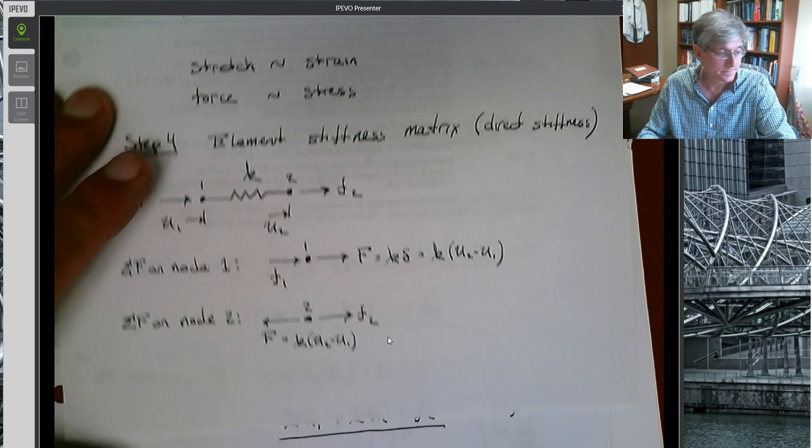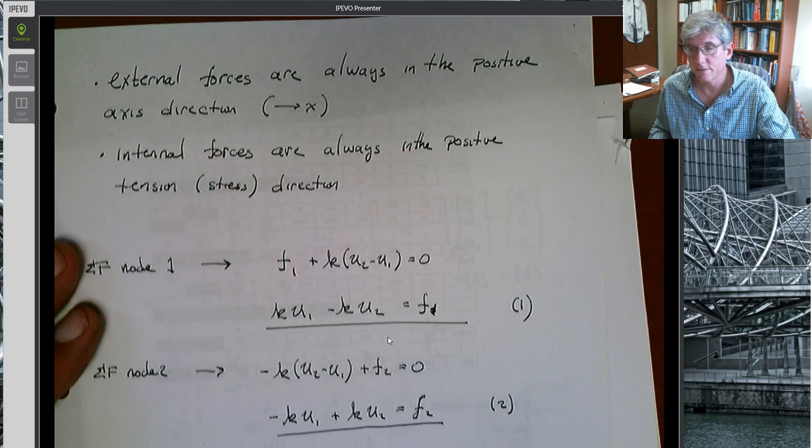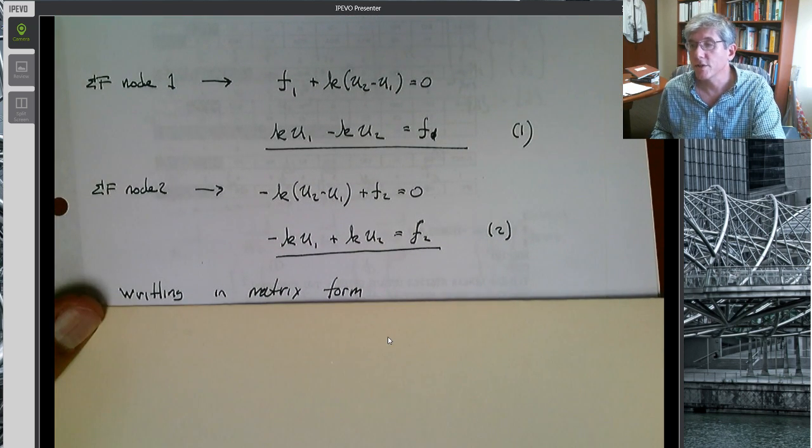So this becomes my system of equations. Equation 1 and equation 2. So I have two equations for this element. And I actually have two unknowns, U1 and U2, so that makes sense.